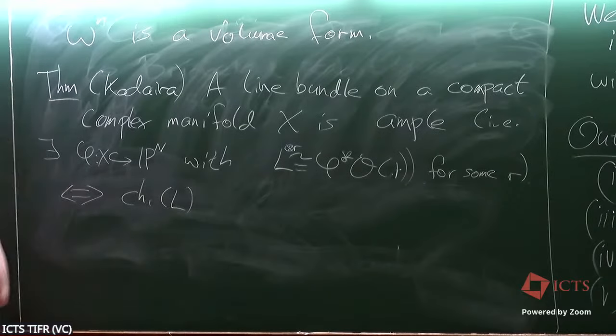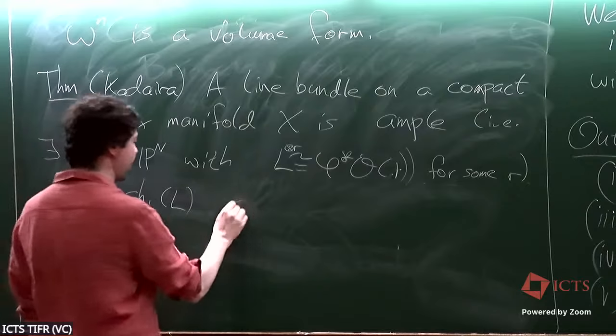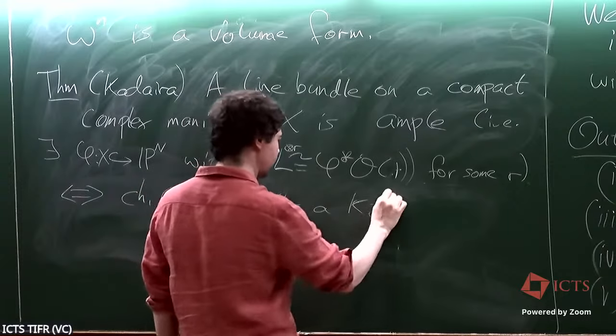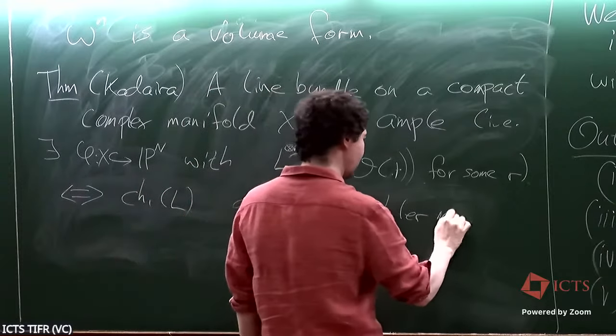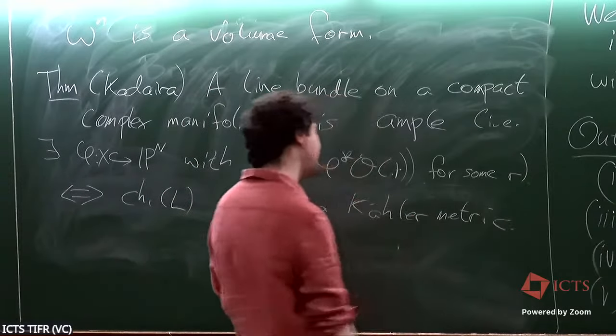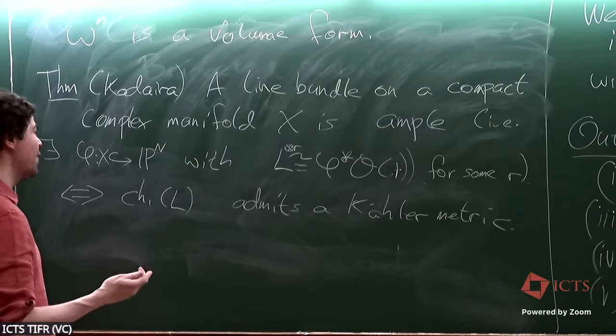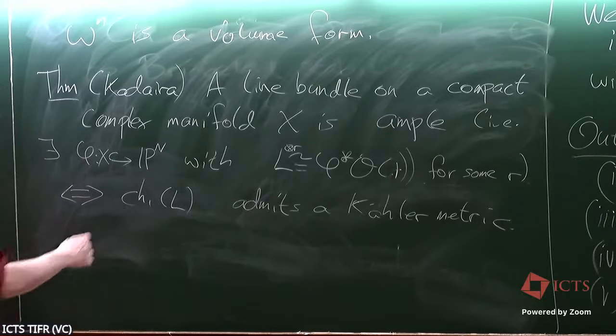Okay, so a line bundle also has a Chern class, the first Chern character. This admits a Kähler metric. Part of the definition of a Kähler metric is that it's a closed form, so you get a class in H^2 of X, R. But omega is locally a (1,1) form, so we get a class in H^{1,1}(X,R), which is exactly where this lives as well. So at least it makes sense to ask this question.